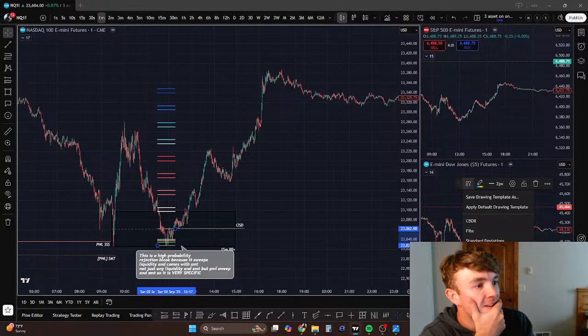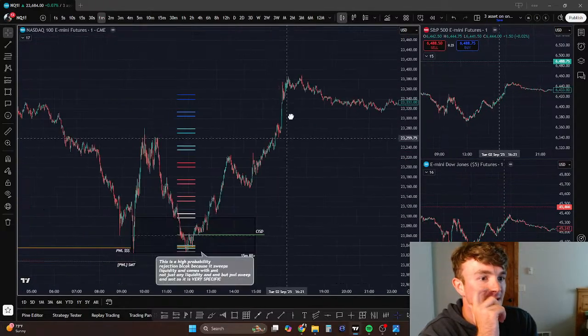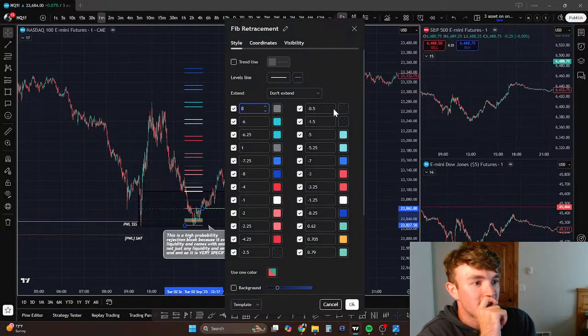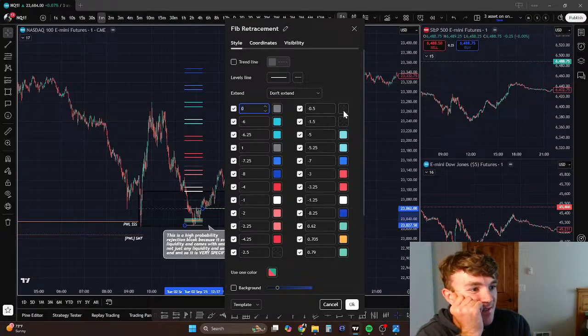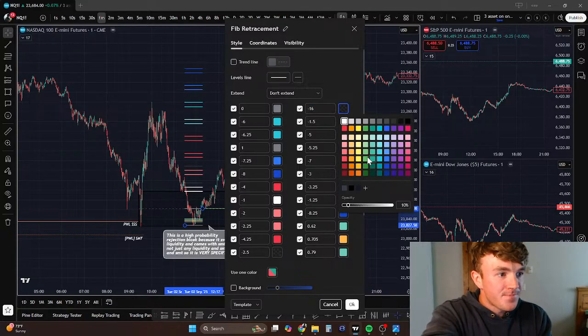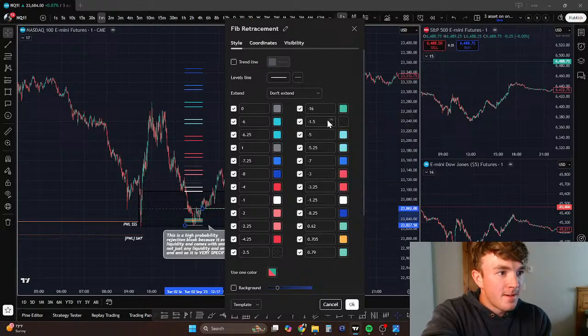I made a new template the other day and it didn't save it. Okay, we're going to update the template. I'm mad that it didn't save it, because I want it to show 16. I want it to show 32.